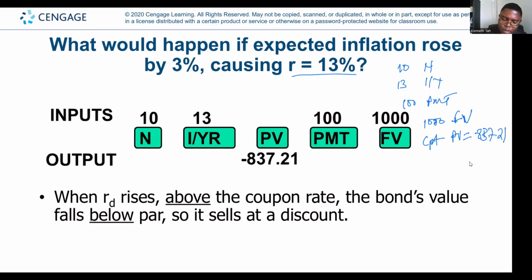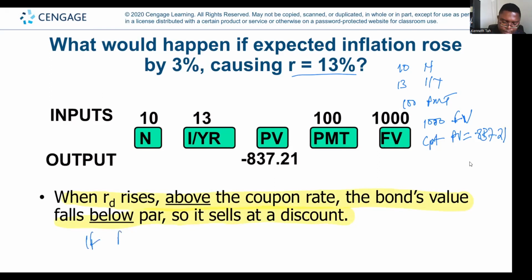So when the yield to maturity rises above the coupon rate, the bond value falls below par. So the bond sells at a discount. This is another important concept.